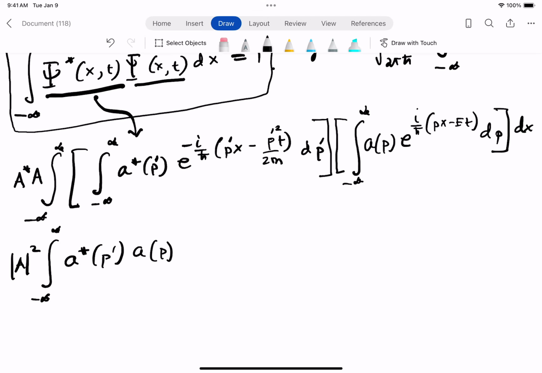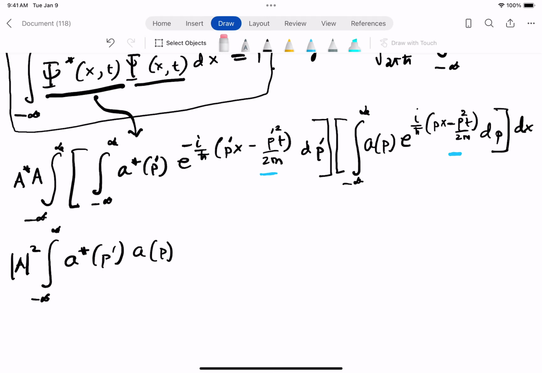I'm mixing up everything inside the integrand because they're independent variables, so there's no problem in mixing them up. So I have a star p prime, a of p. Then let's bring in this term and this term, and here I'll replace this E also by p squared divided by 2m.